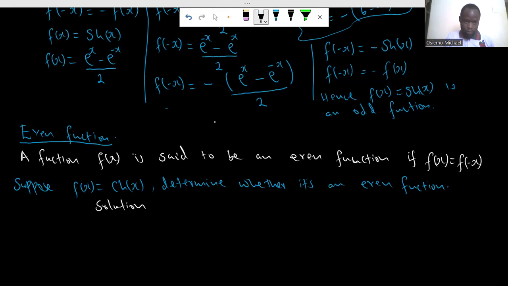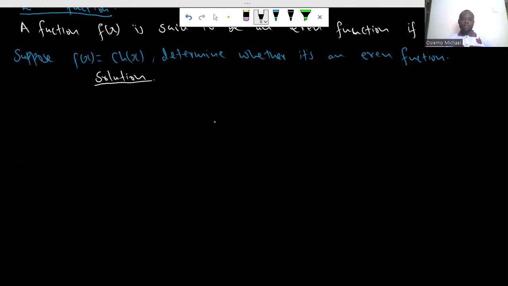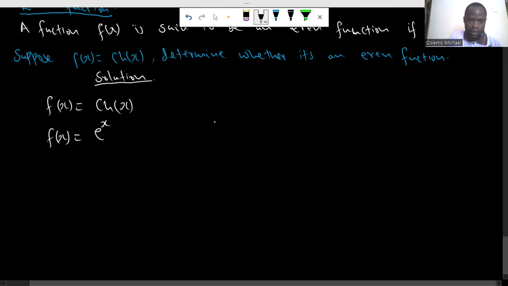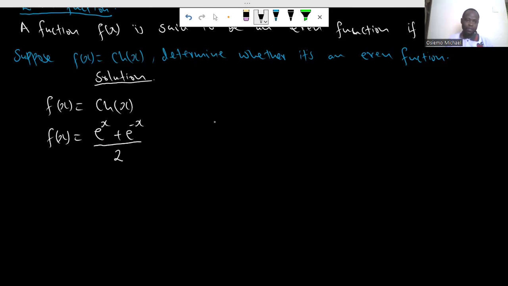Again, we said we have to define the function as supposed. So we have our f of x being equal to the ch of x. And we say that ch of x is defined as exponential x plus exponential negative x over 2.